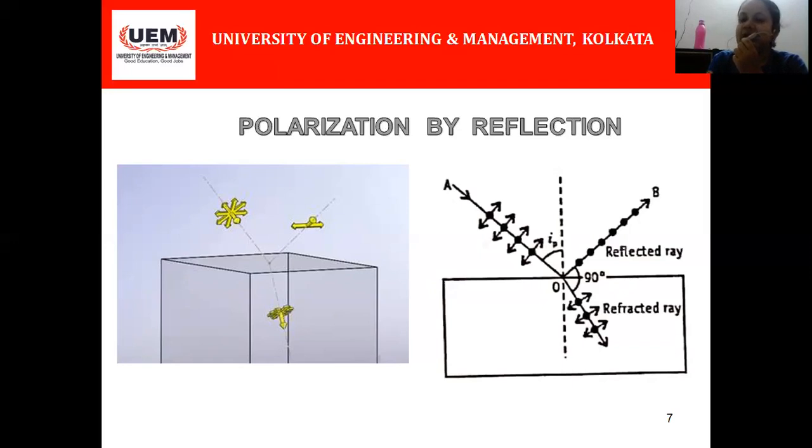The refracted ray is having a greater percentage of light having vibration parallel to the computer screen because most of the light having vibration perpendicular to the computer screen is going off in the reflected ray. So we are saying that the refracted ray is partially polarized in the process, but by reflection, the reflected ray is completely polarized.